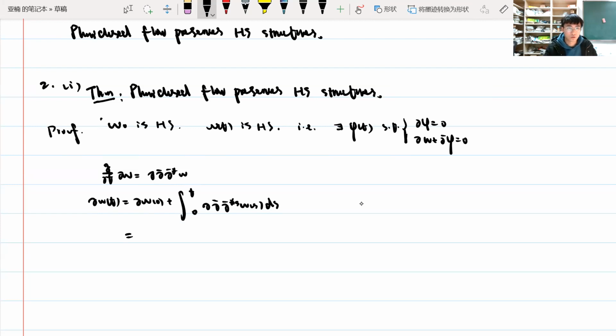Recall the initial condition is Hermitian symplectic, so we can find a (2,0) form satisfying the equation, and exchange the ∂∂̄ operator.